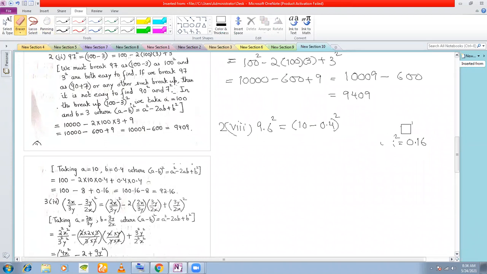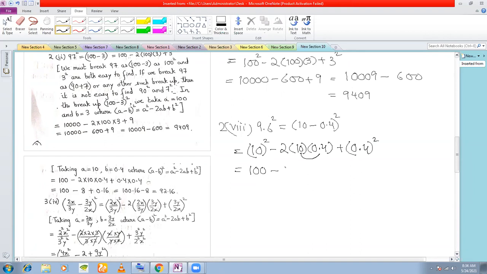Now we shall expand by a minus b whole square. So this is a square minus twice ab plus b square. So you get this as 100 minus, now this is 10 into 0.4.